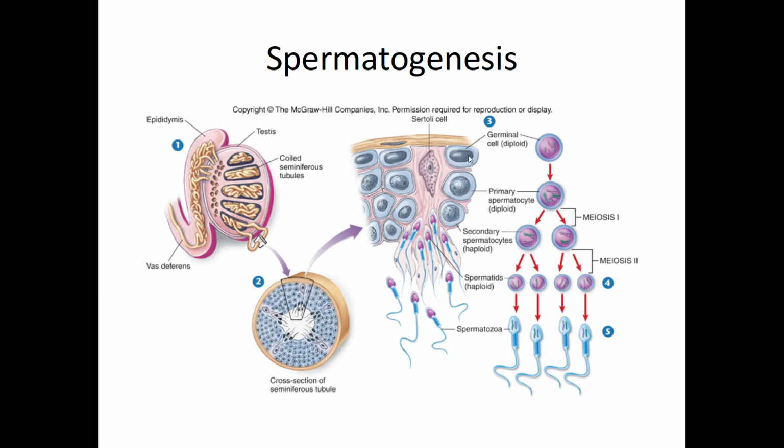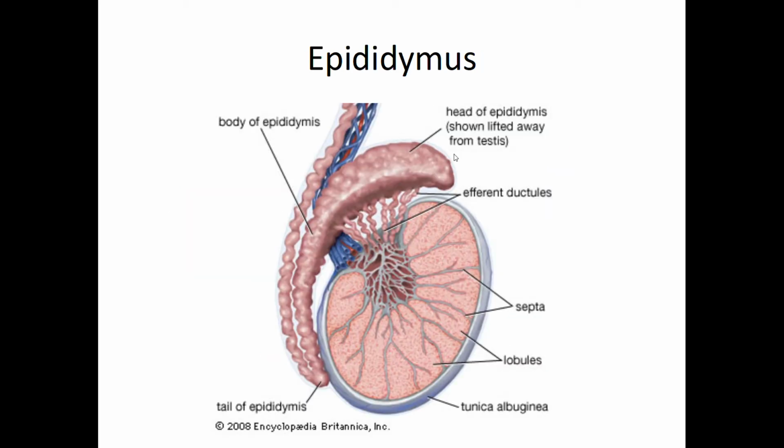You have the germinal cell, the primary spermatocyte here, the secondary spermatocytes, and then finally these spermatids. And these spermatids are going to go into that lumen and migrate and wind up here in this epididymis, where they will mature and go through a selection process, removing damaged or imperfectly formed sperm.